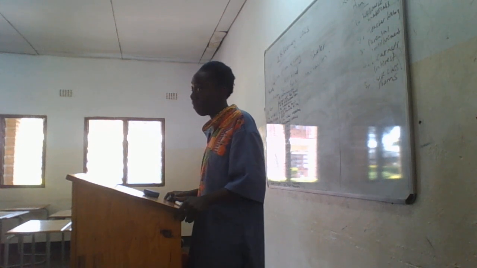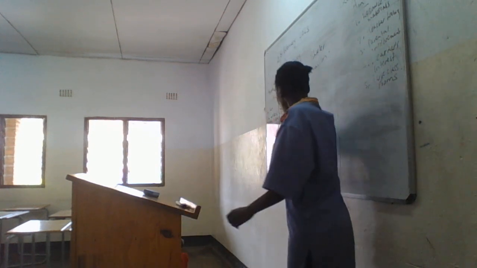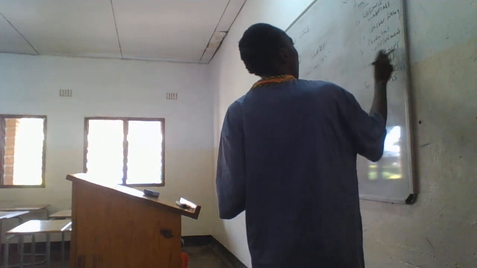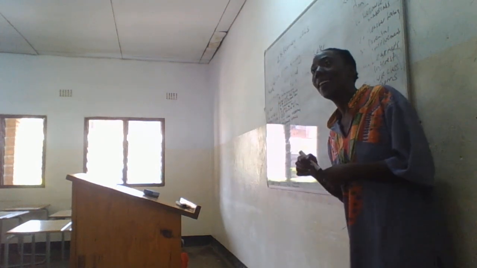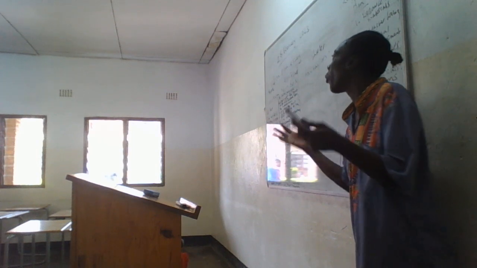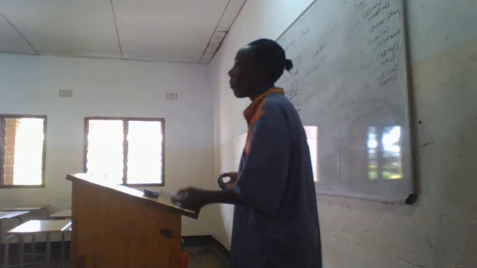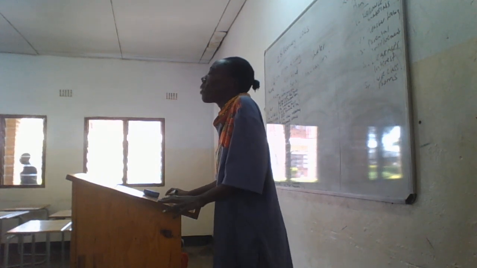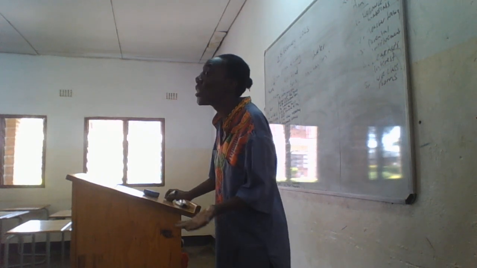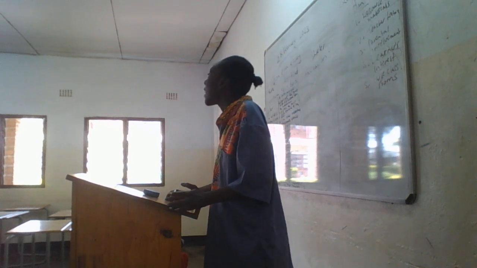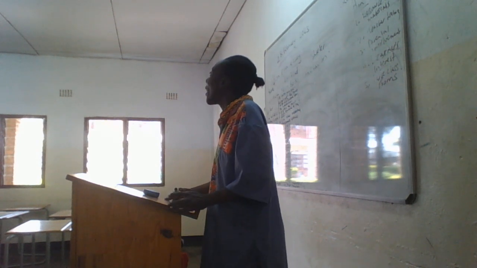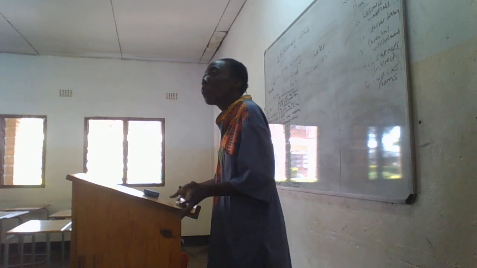Okay? Understood? Yes. Then you move on to the next point, which is what? Learners' interest. Most learners, especially boys, struggle with reading. Okay? And then you can mention some learners who've got special needs conditions such as dyslexia, who are dyslexic, are not able to read.